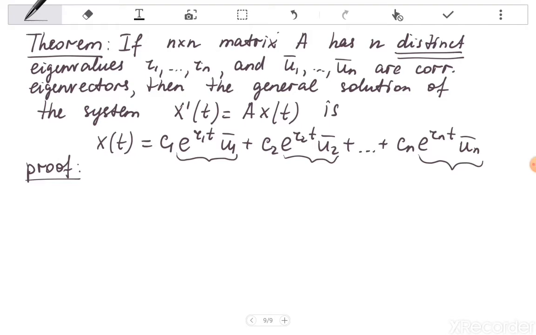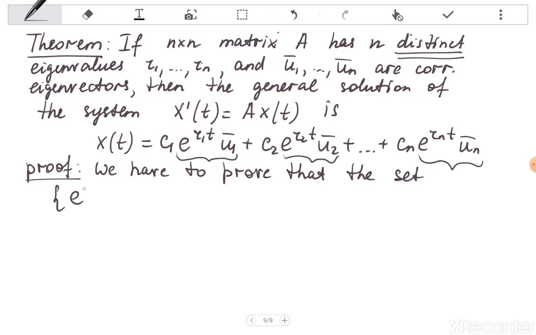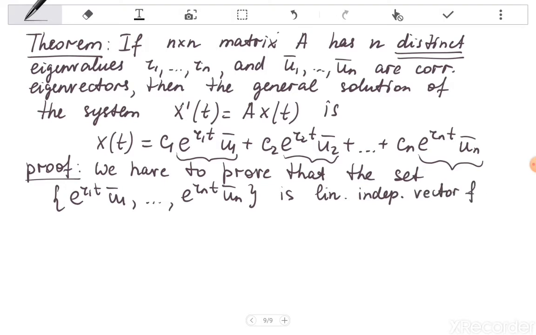So we have to prove that the set e to the r1 t u1 and so on, e to the rn t un is a set of linearly independent vector functions. How do we prove this? We will find the Wronskian of them, right?